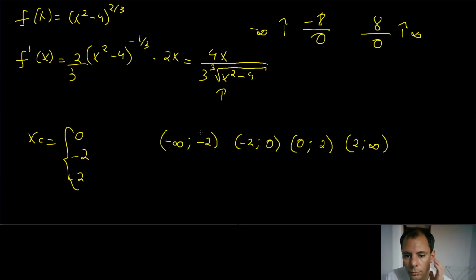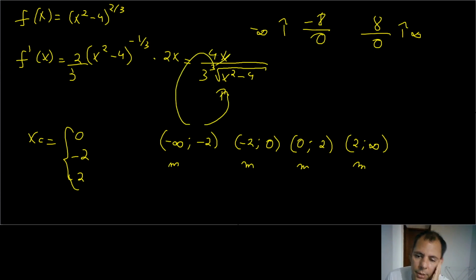And now if you want to find out the m for each one of these domains, if they're positive or negative, just plug values between these domains in x in here and x in here, and you get it.